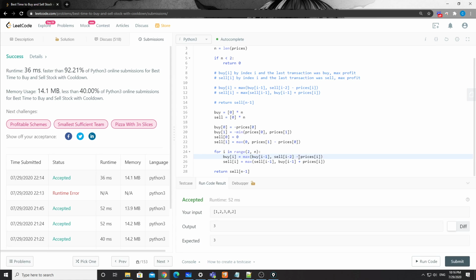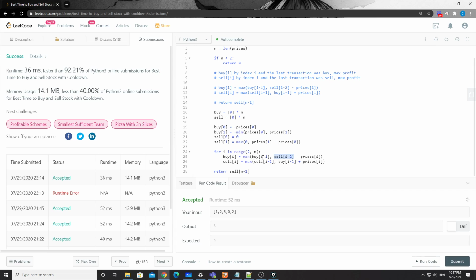As you can see here, we have the prices[i], and actually all we need are three state variables: buy[i-1], sell[i-1], and sell[i-2].